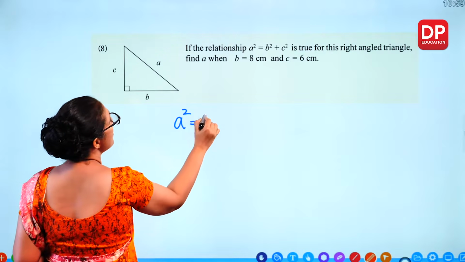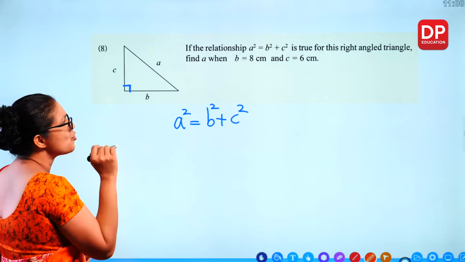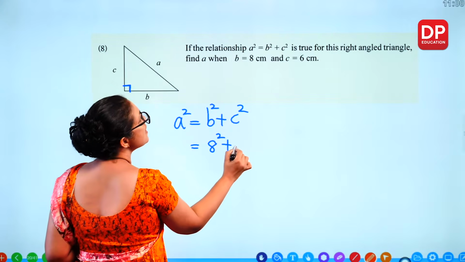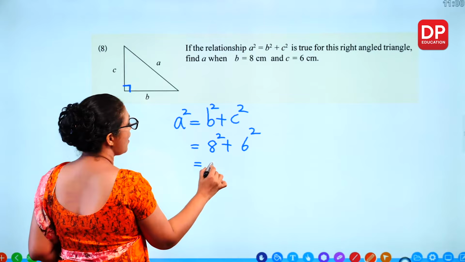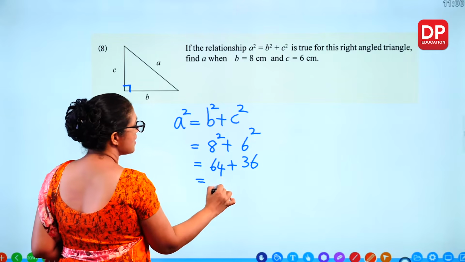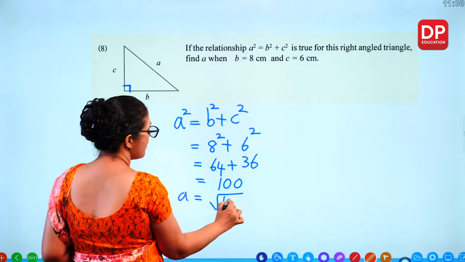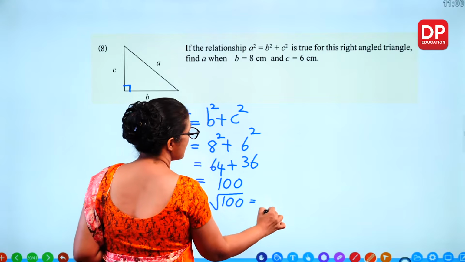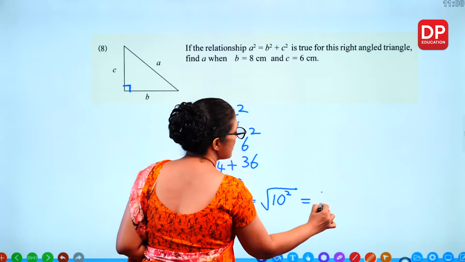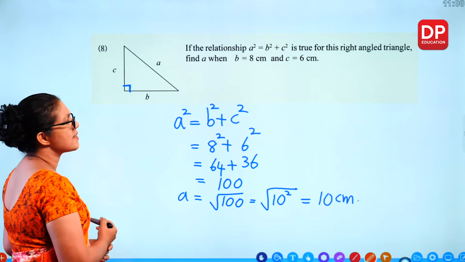It's true. a squared is equal to b squared plus c squared because it's a right angle triangle. b is 8. c is 6. Substitute. 8 squared is 64. 6 squared is 36. You get 100. a is square root of 100. So 10 times 10. So you can write 10 squared. Square root and square get cancelled out and you get 10. This is in centimeters.